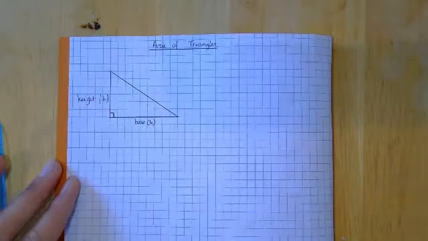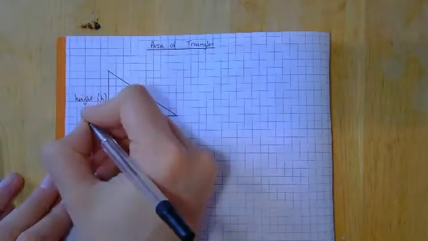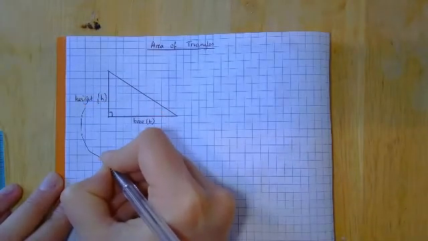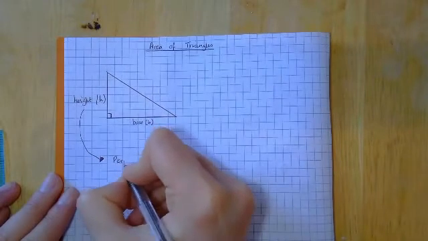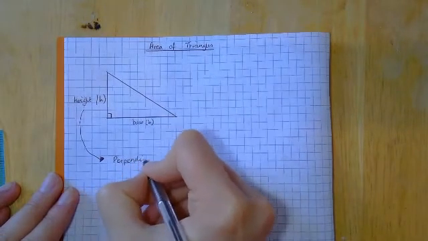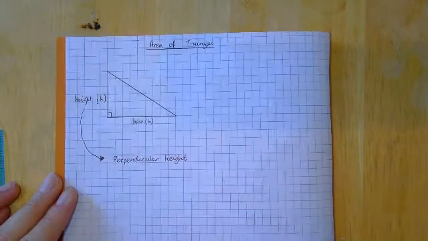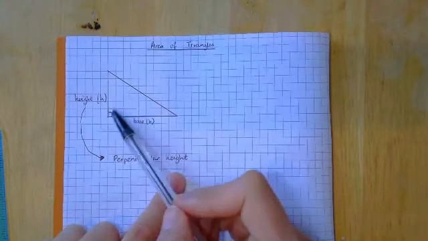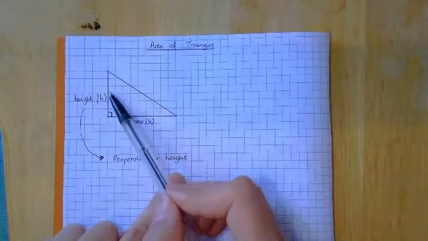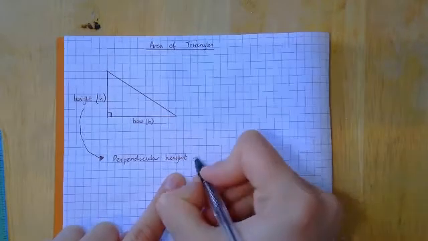Now, this height is a little bit more than just the height. We need to write a little bit more about this word. What we actually mean is what we call the perpendicular height. What that means is it has to make a right angle with the base, just like that. So when we're talking about the height of the triangle, we're talking about the height that makes a right angle with the base.